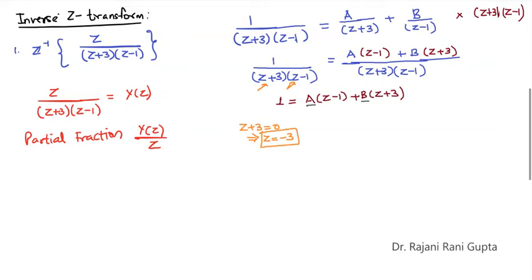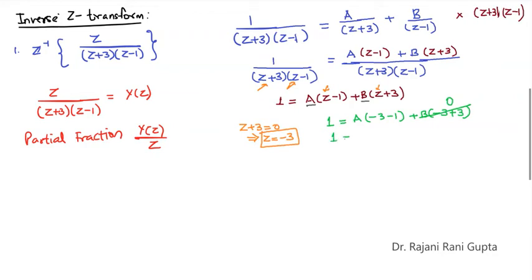When we substitute it here, replacing z at these two places, the left side remains the same. This gives 1 equal to A times (minus 3 minus 1) plus B times (minus 3 plus 3). Minus 3 plus 3 becomes 0, cancelling out the B term.